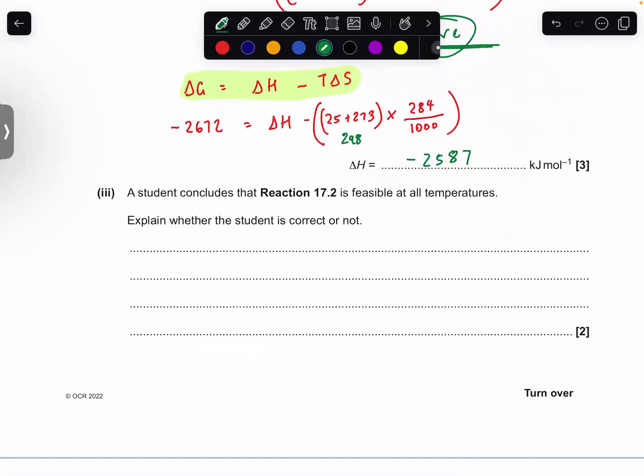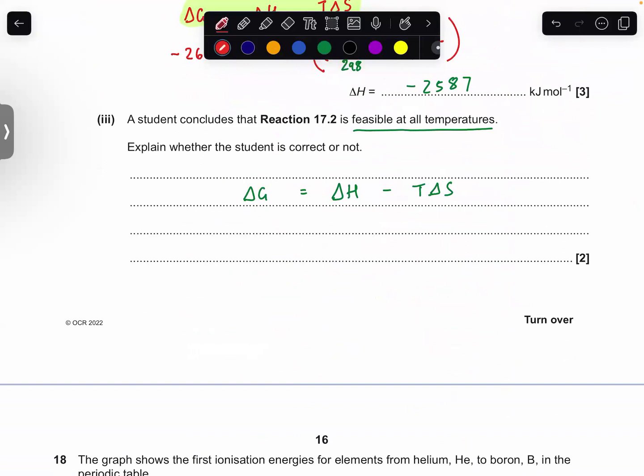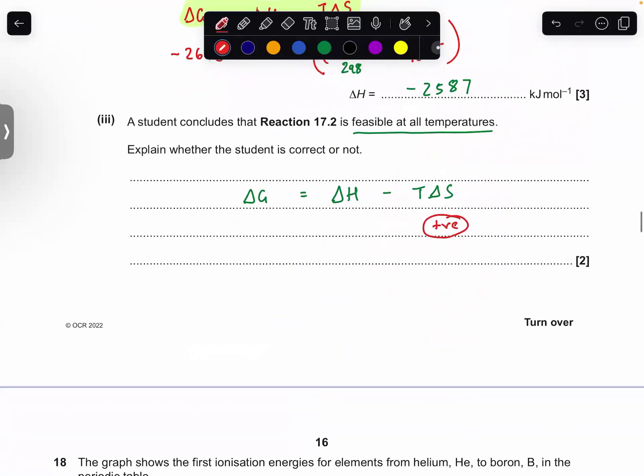The student concludes that the reaction is feasible at all temperatures. Let's have a look at, explain whether the student is correct or not. Now you see in the expression delta G is equal to delta H minus T delta S. Now, because delta S is a positive value and delta H is a negative value, when you're subtracting a positive value, it doesn't matter what the temperature is.